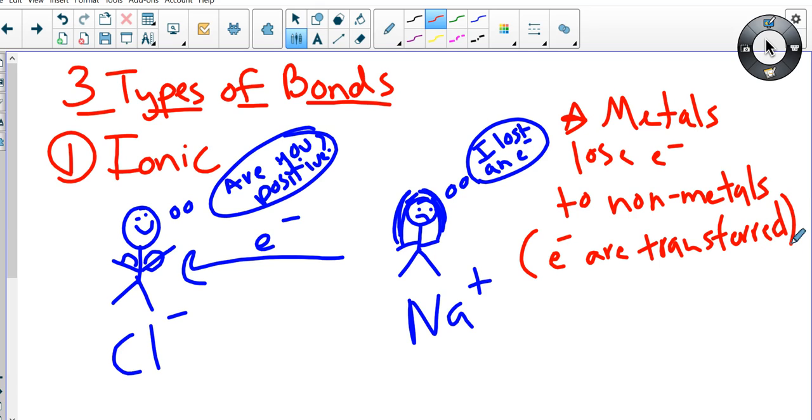Electrons are transferred. So if you didn't get what we're doing with tug of war, or you thought it didn't have a point, if you didn't understand the point, that's what the point was.